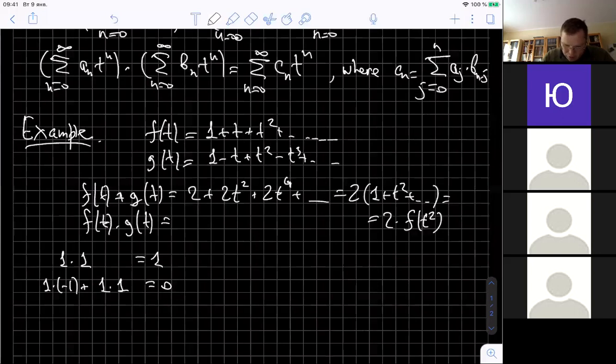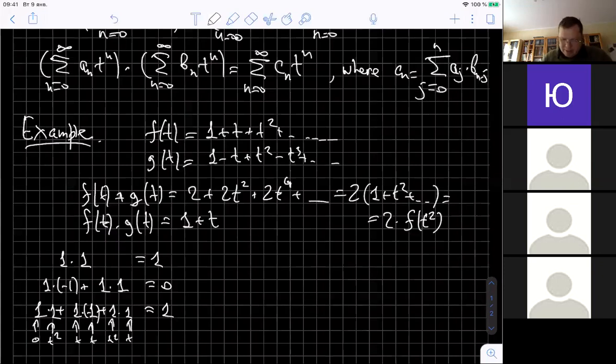The third coefficient will be 1 times t squared, it is 1, and 1, so it is t squared. So it will also be equal to 1. Yeah? So it will be 1 plus t squared plus something else.